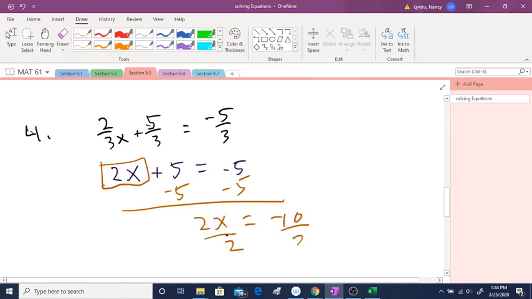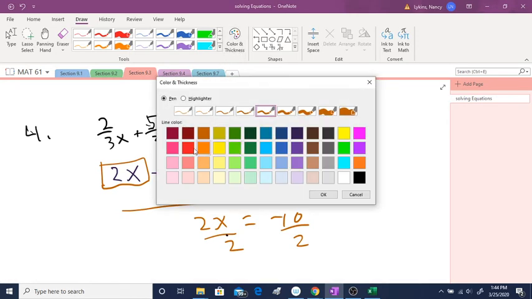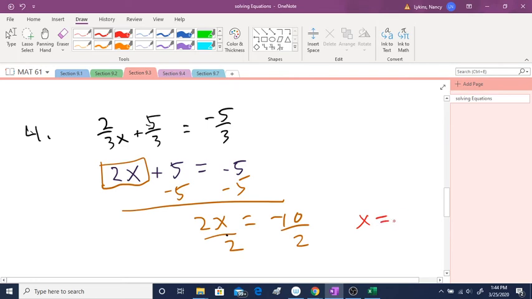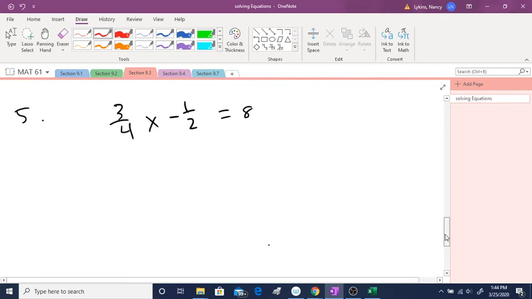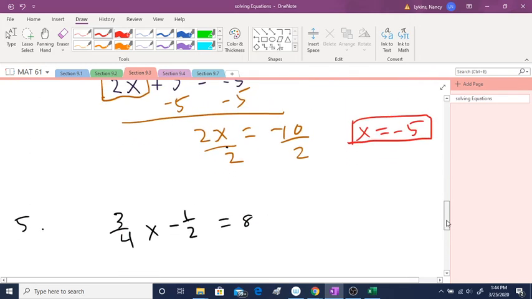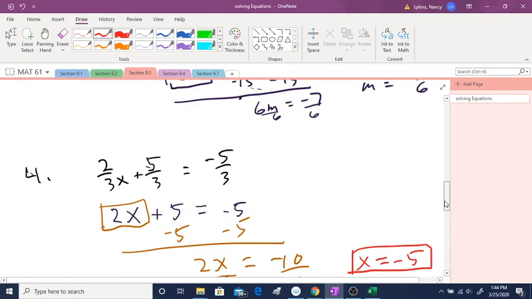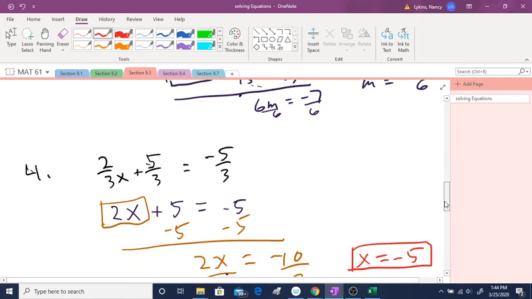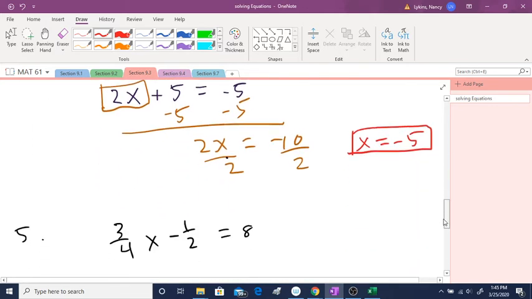Divide by 2, and you get x equals negative 5. So the key to this is that they have the same denominators. The denominators pretty much cancel each other out, and you are left with 2x plus 5 equals negative 5, and just solve it like what we've been doing.